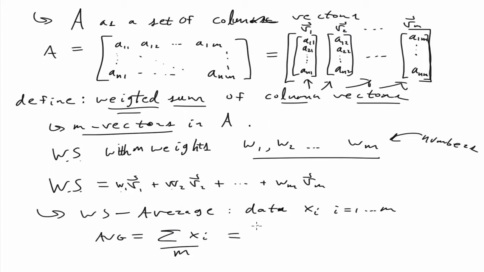Well, I can write that out as a weighted sum: 1 over m times x1, plus 1 over m times x2, all the way to plus 1 over m times xm. Here, all those weights are equal weights.